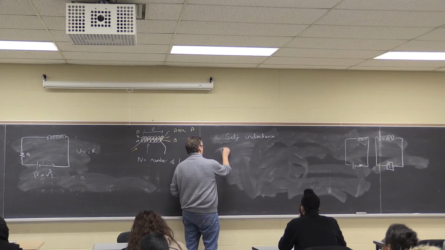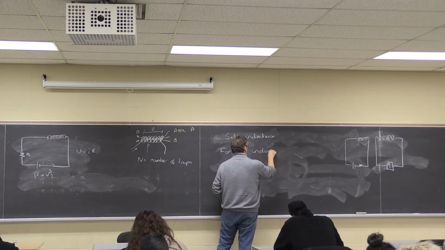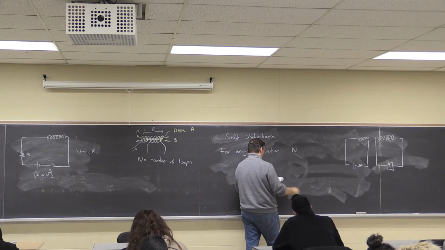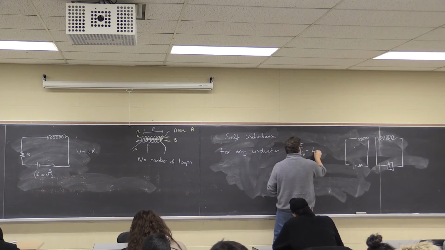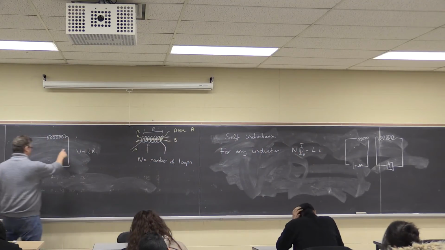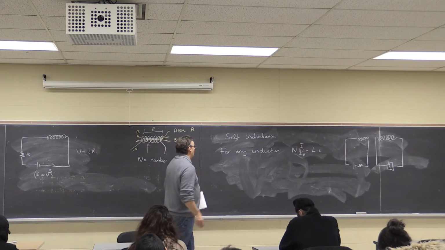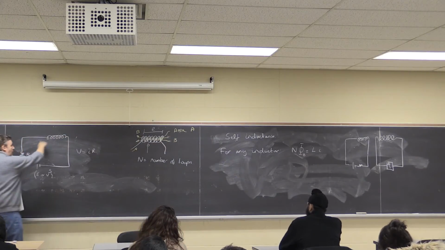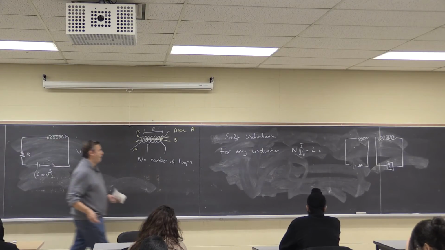So for any inductor we know, we have an equation that says N phi B equals the inductance times I. I've just rewritten the definition of inductance that we had, the first equation we wrote down, I think. But if there's an EMF set up in this system, Faraday's law tells me how to get that.